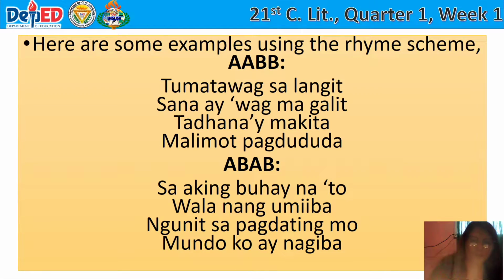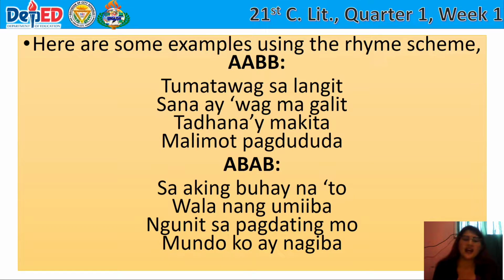For example, AA means that in the first and second lines, the last syllables are rhyming words. While in the third and fourth lines of the poem, the last syllables of makita and pagdududa have the same rhymes.